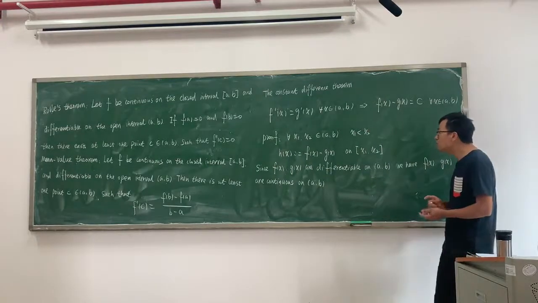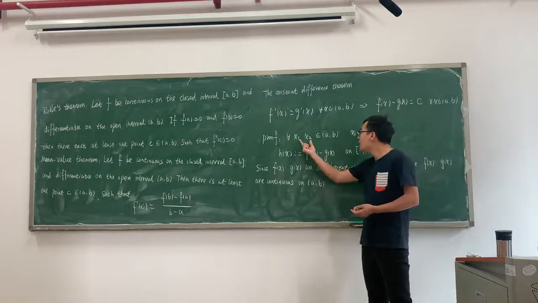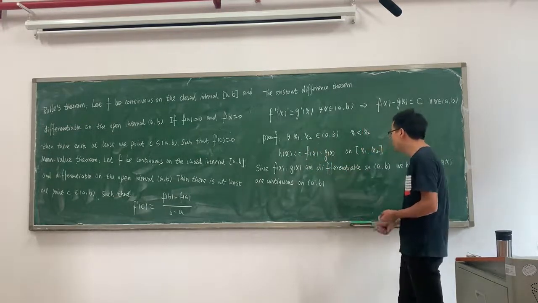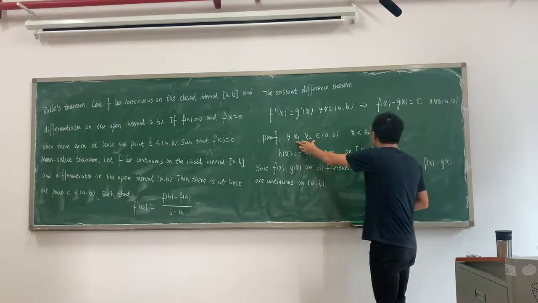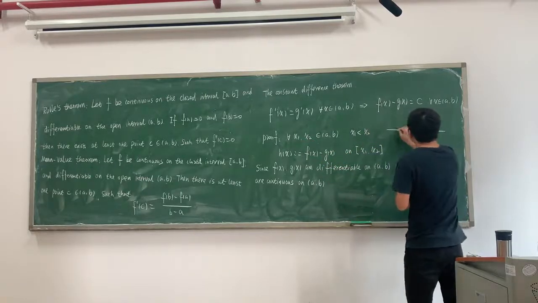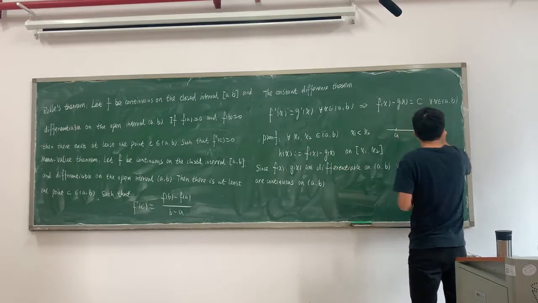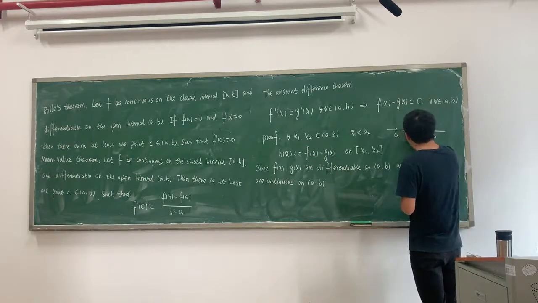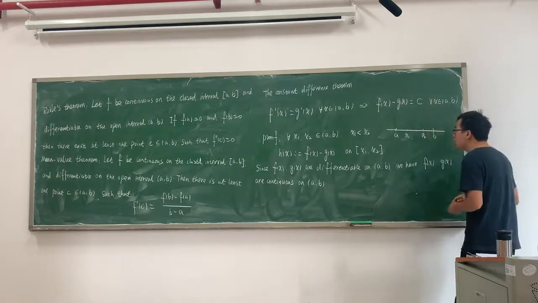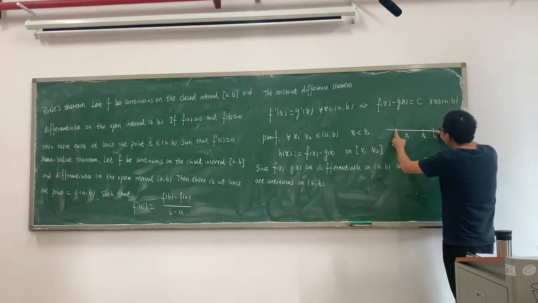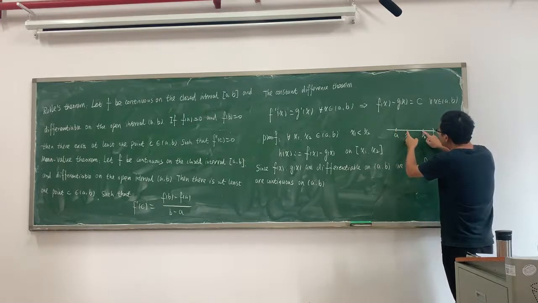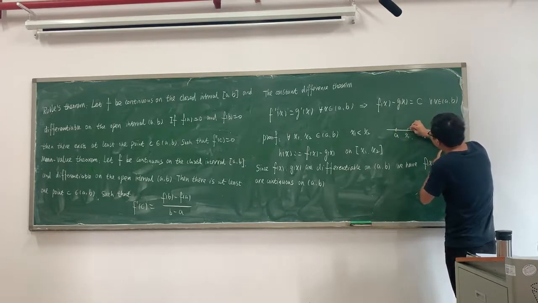And now we know that x1, x2 belong to the open interval (a, b). This is a, this is b, x1 is here, x2 is here. So of course f(x), g(x) are continuous on the open interval, and so on this closed interval.